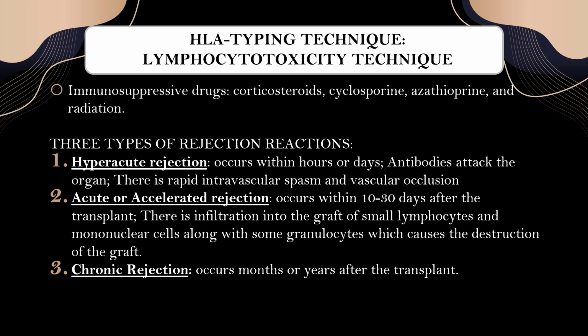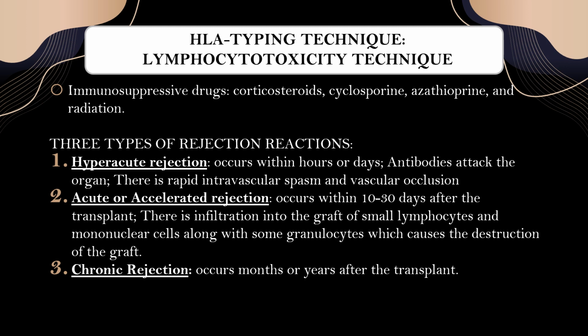There is infiltration into the graft, especially around small blood vessels, of small lymphocytes and mononuclear cells, along with some granulocytes, which causes the destruction of the graft. That is according to the Essentials of Medicine by Cecil, fourth edition.